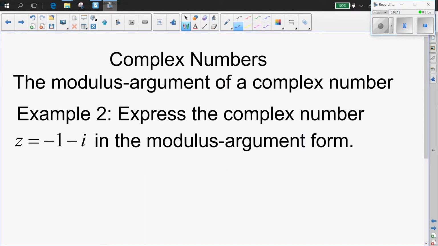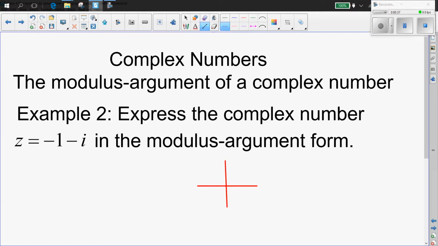In example 2, we are asked to express the complex number z equals -1 minus i in the modulus argument form. The first thing we're going to do is illustrate z on the Argand diagram. We're going to do a rough sketch to see the position of z.